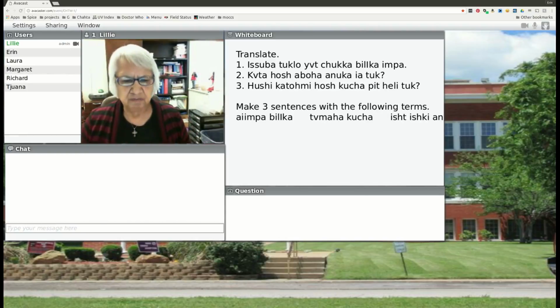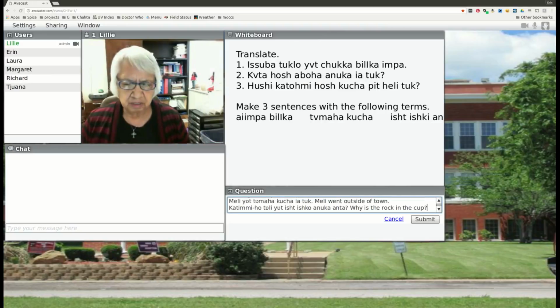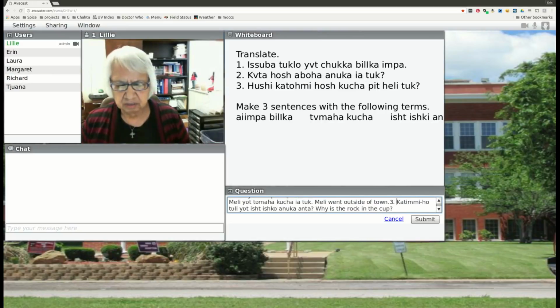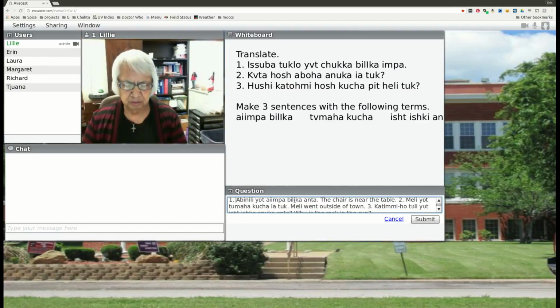So this shouldn't have been that difficult to understand what the word Choctaw means. And if you're at a loss for words, there is an English to Choctaw glossary and a Choctaw to English glossary in the back of your book. These are where you're going to find the vocabulary words that are introduced in the chapters that we come to.